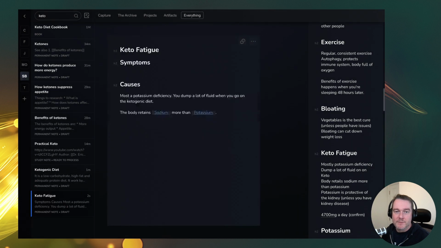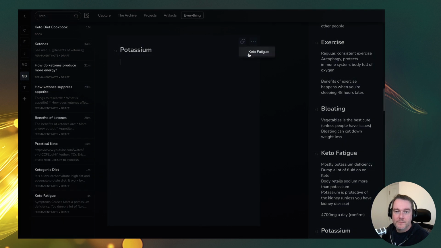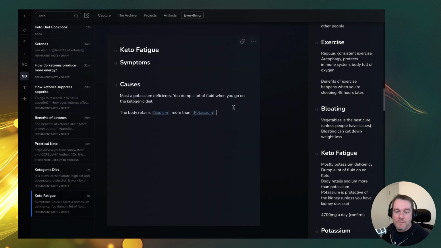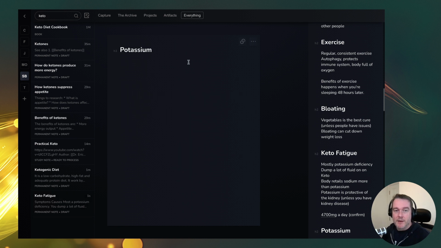Sodium and potassium. Okay, the body retains sodium and potassium. So now we can just put in here, potassium is protective of the kidney.